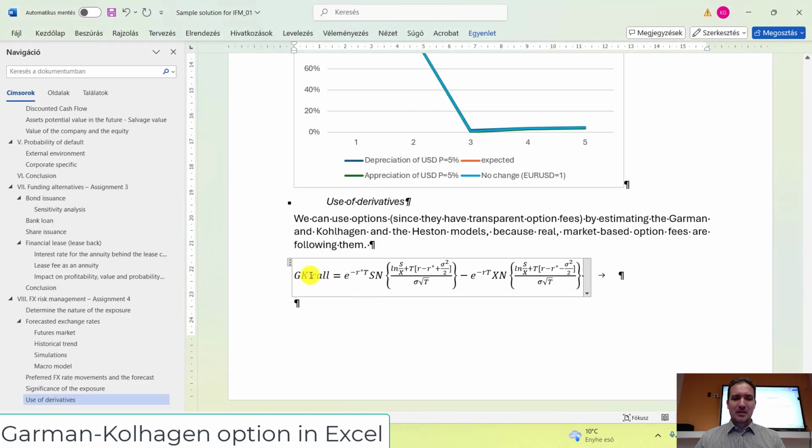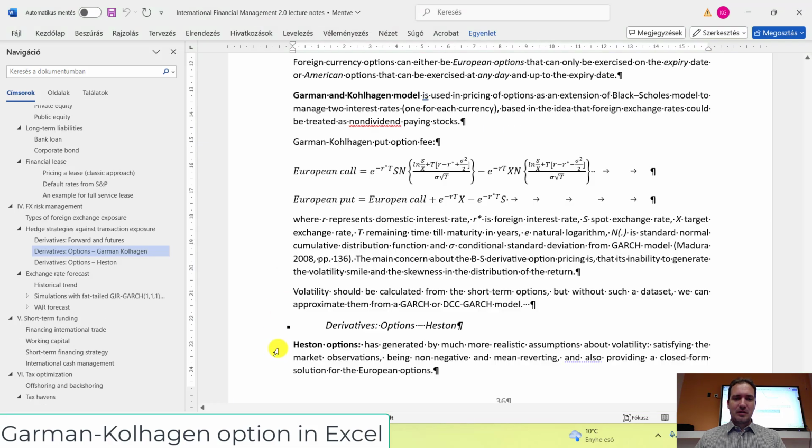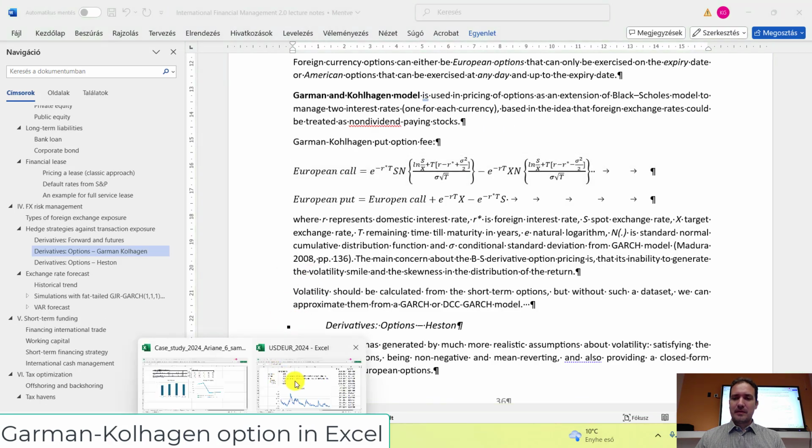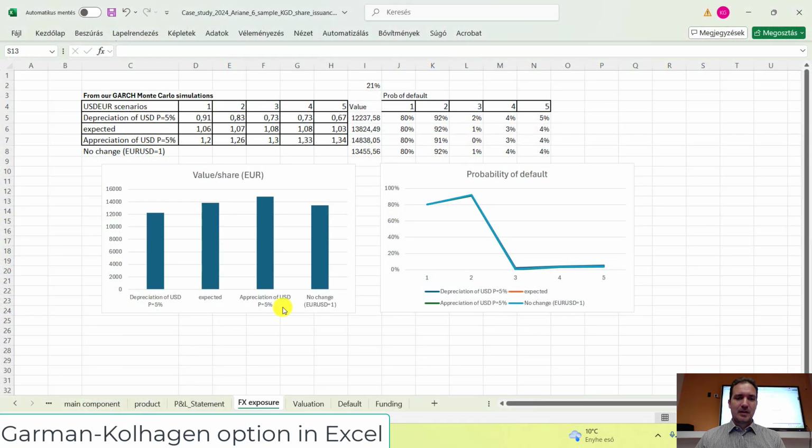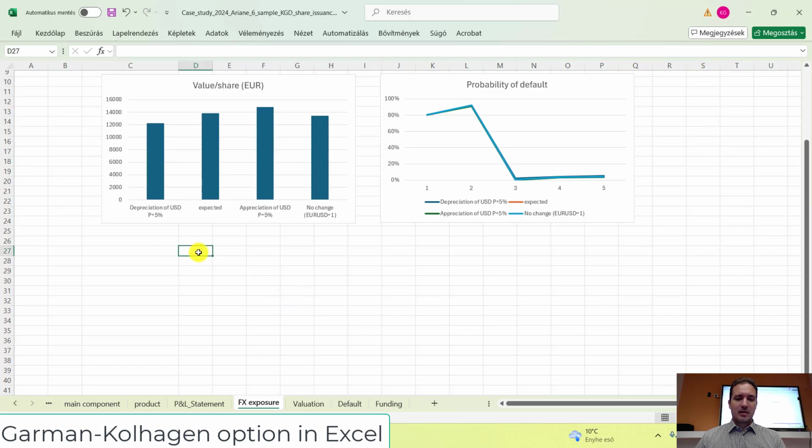But why not? So what we need here is the spot rate.